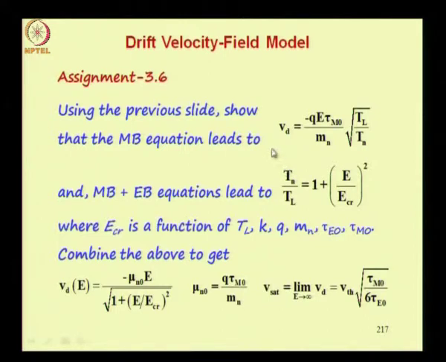I am telling you some hints for the individual steps. Now where E critical is a function of the lattice temperature TL, Boltzmann constant K, the electron charge Q, effective mass of electrons Mn, the energy relaxation time close to equilibrium, and momentum relaxation time close to equilibrium. And then you can combine these two equations to show this model.